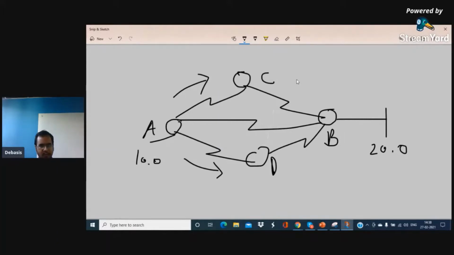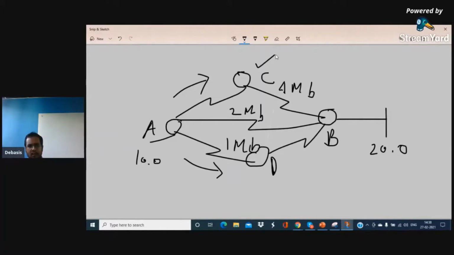In the case of OSPF, say for example, if this link is 4 Mbps, this is 2 Mbps, and this is 1 Mbps, then OSPF will always prefer this 4 Mbps link because it has the highest bandwidth.